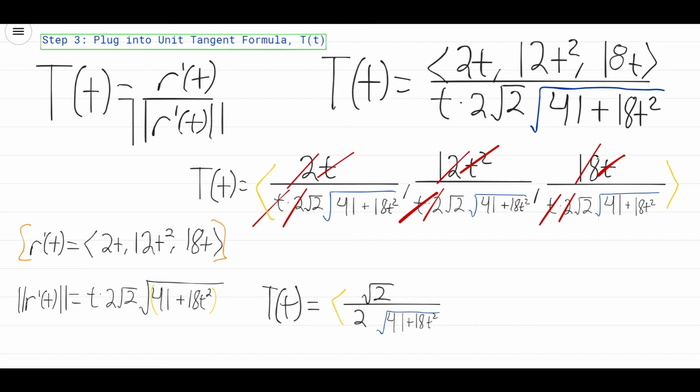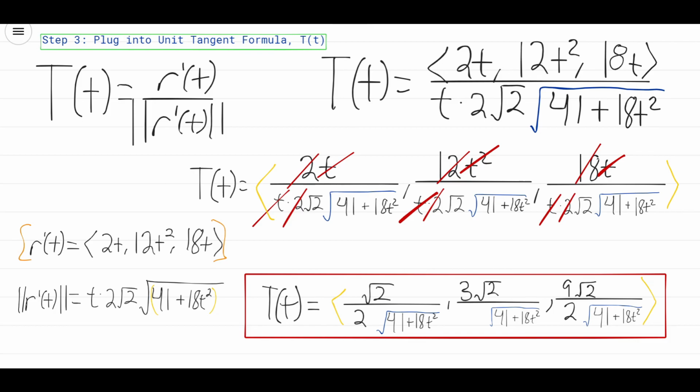For the next one, the square root of 2 over 2 times 6, 6 over 2 simplifies to 3. So all I'm doing is radicalizing, and if you're taking Calc 3, you should be familiar with it. I'm not going to go over radicalizing, but it's pretty straightforward. And that's the answer. This is basically how we compute the unit tangent. Step 1, r prime of t. Step 2, the magnitude. Step 3, plug it into the unit tangent formula.